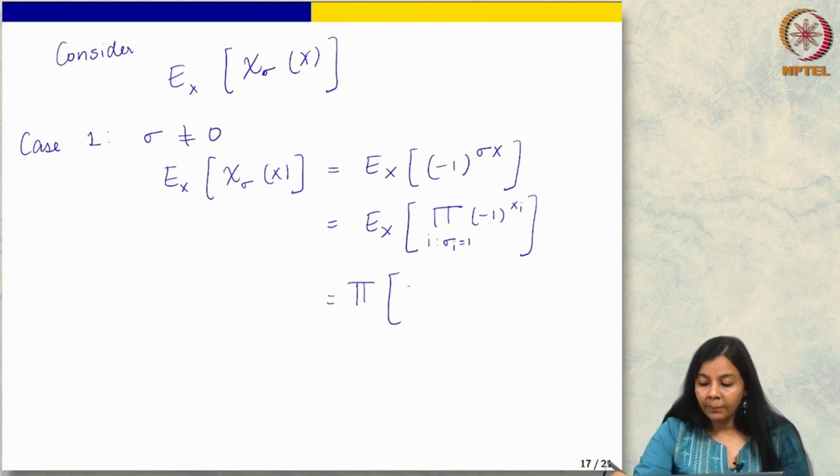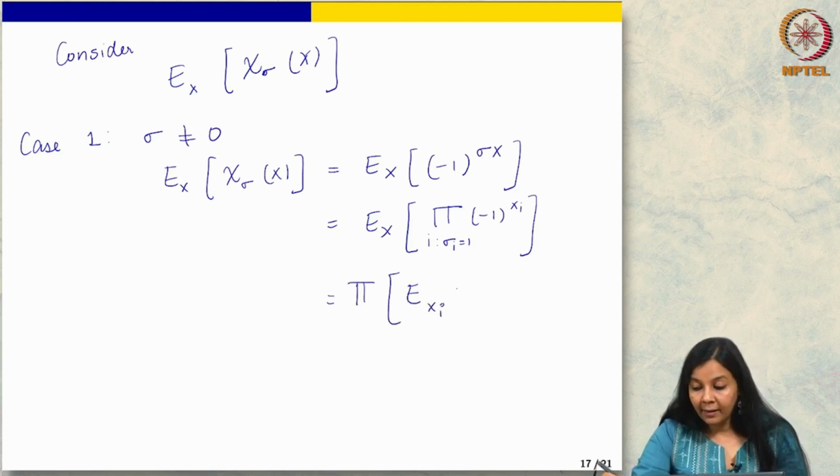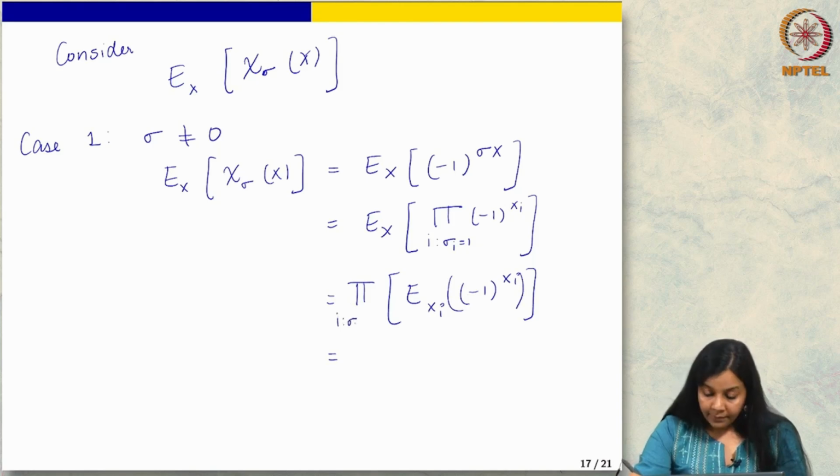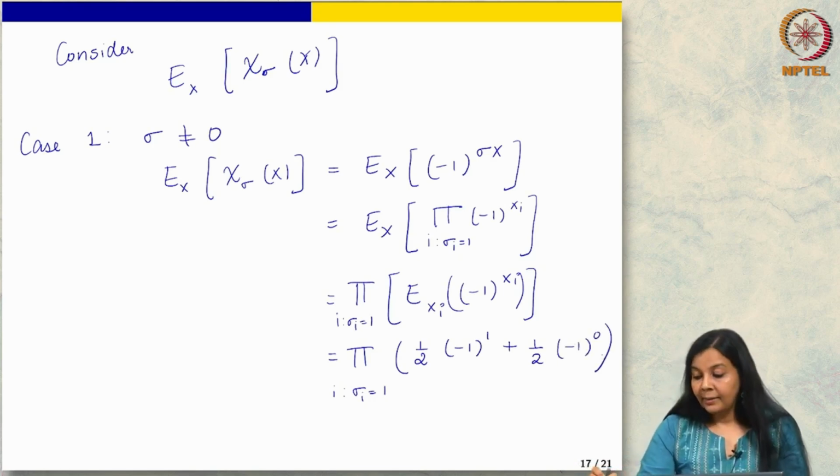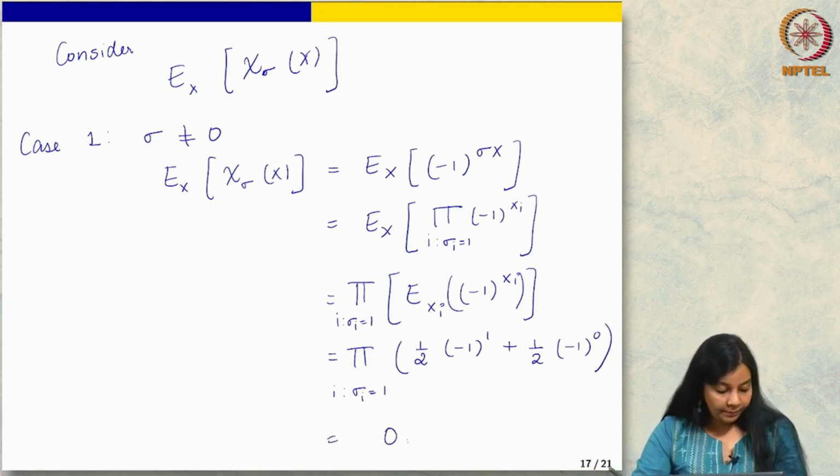So, it is the product of E of (-1)^(x_i). Now I need to only look at this, and this is very easy to compute. This is half times (-1)^1 plus half times (-1)^0, and this is just 0.